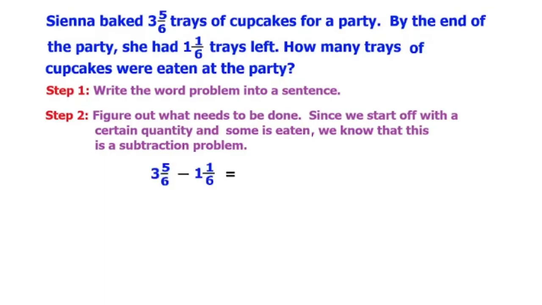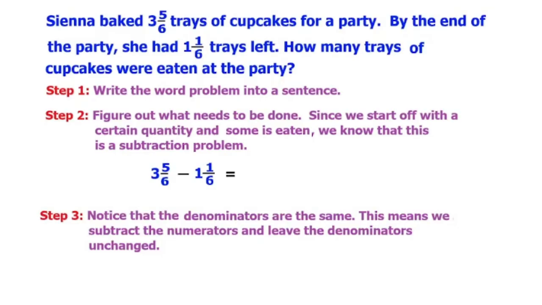So we know this is a subtraction problem. So we write the sentence, which is step 1, right? So 3 5/6 minus 1 1/6, and that's going to tell us what's left over.